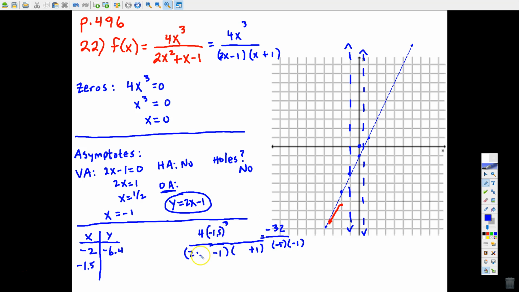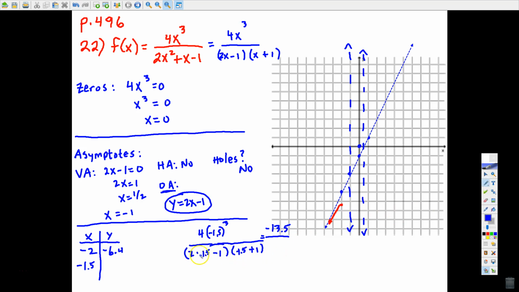And you can go ahead and get your calculator ready. All right, and so in the numerator, when you do this 4 times -1.5 cubed, you should get -13.5. And you could do all this at once. I'm just breaking it up into parts for some who may not be as confident with their calculator.